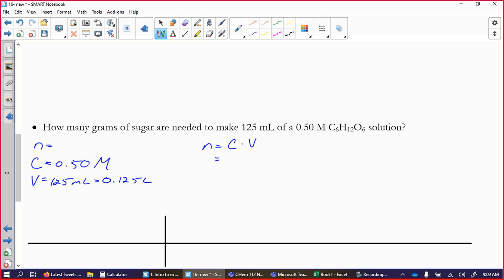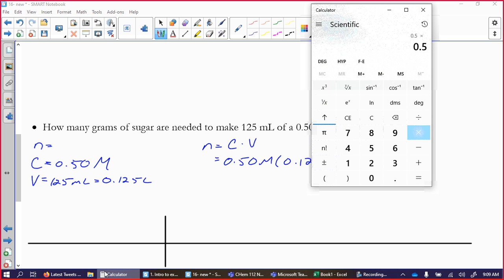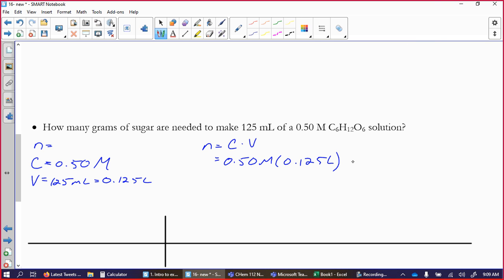Moles is concentration times volume. 0.50 molar. Multiply those out. 0.0625.